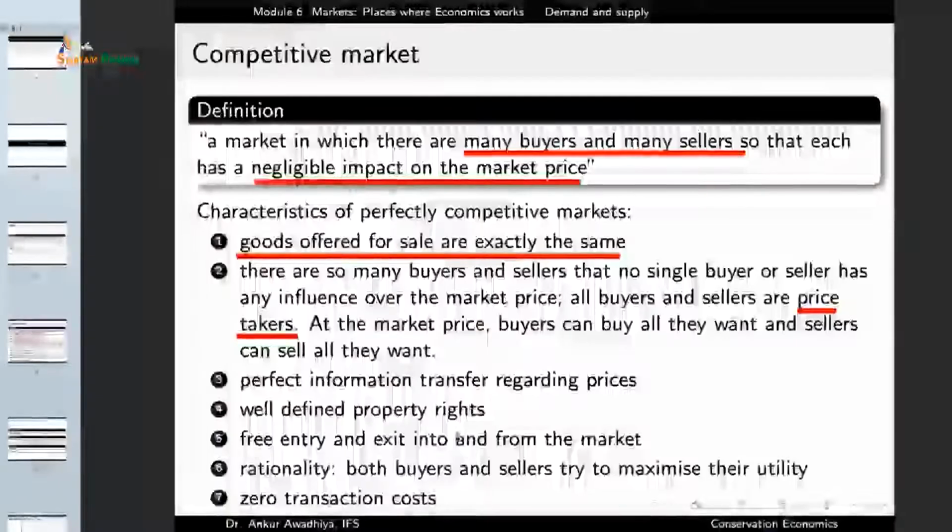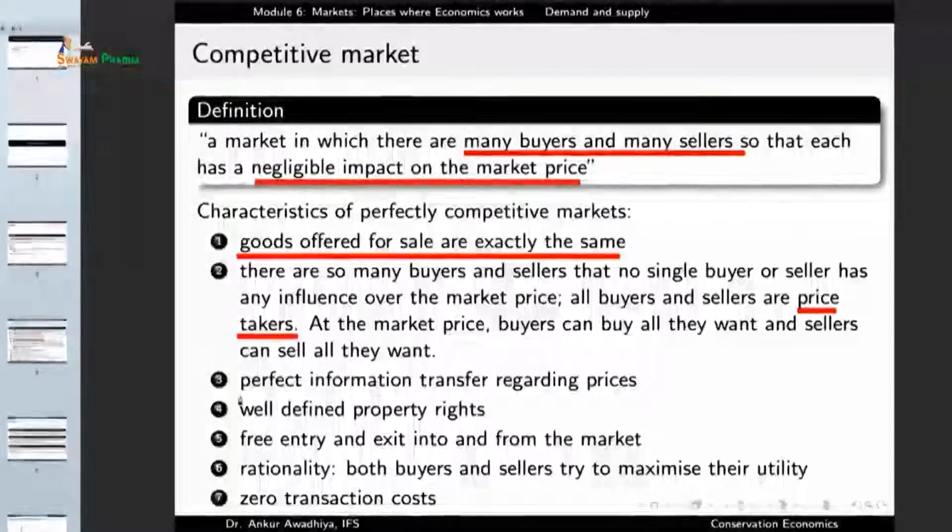The buyer can get as much of the good as he wants from the market because there are so many buyers and sellers. Similarly, the seller can sell as much of the good as he wants to sell at the market price.